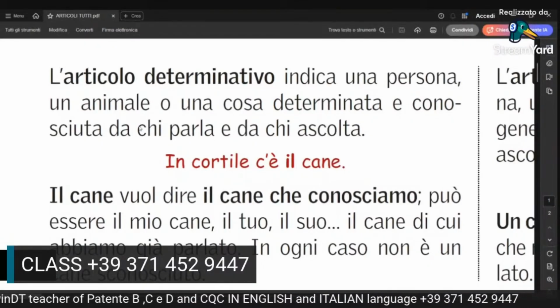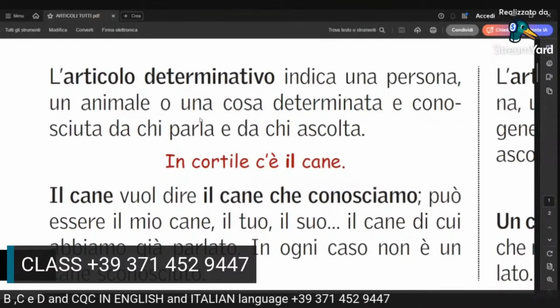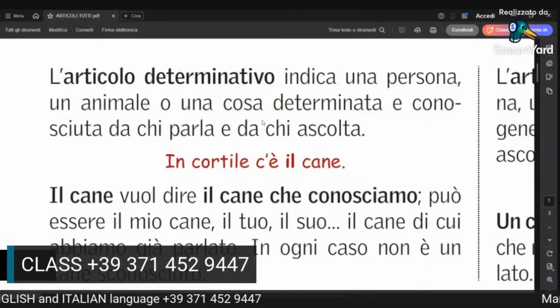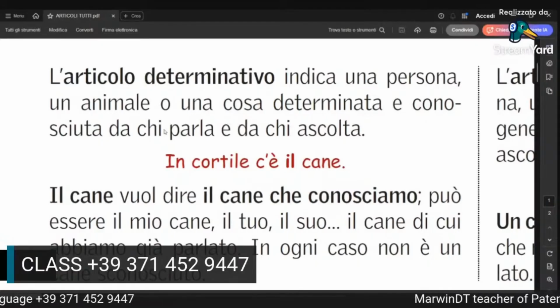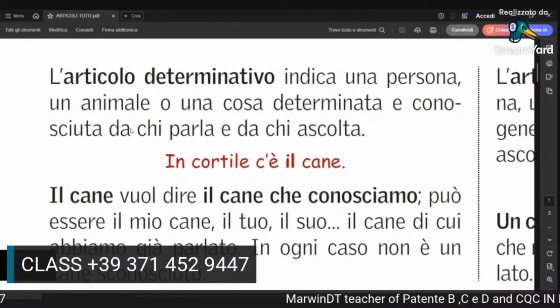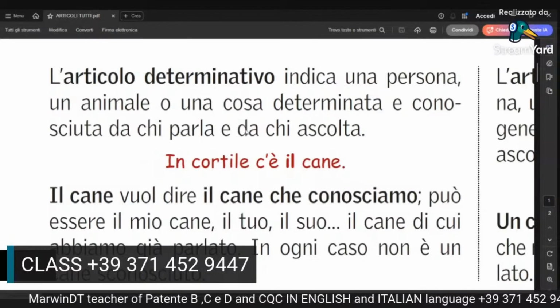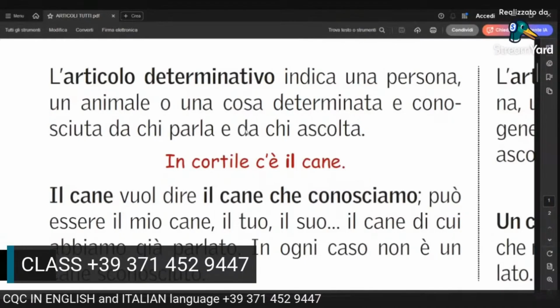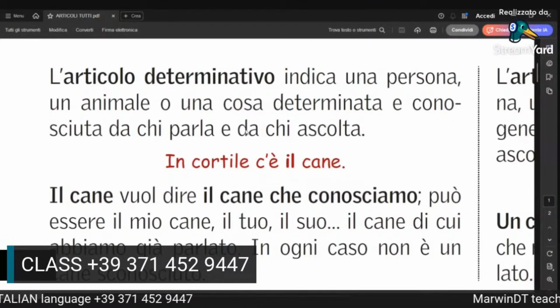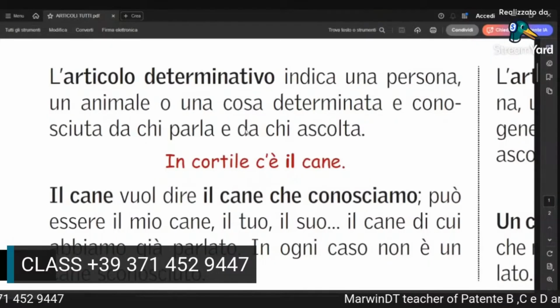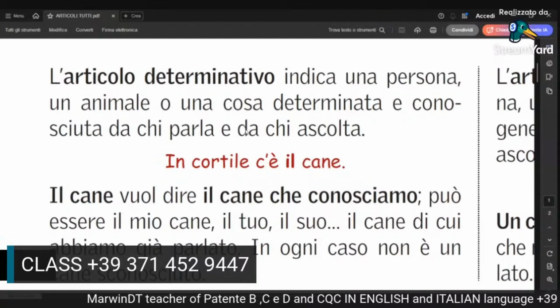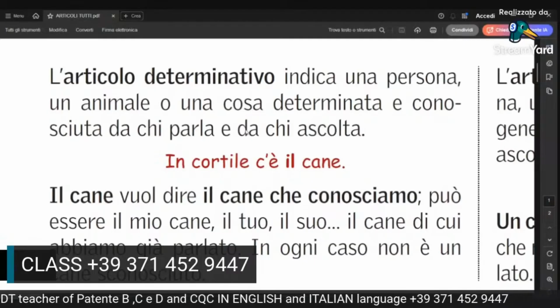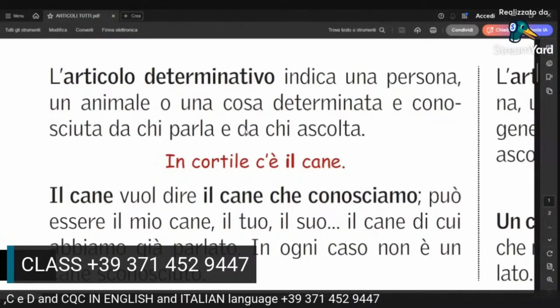It means the article determinativo is being used to indicate a person, an animal, or something specific, determined, and something that is being recognized or known already by the people that are listening to you and by you yourself that you are talking about.